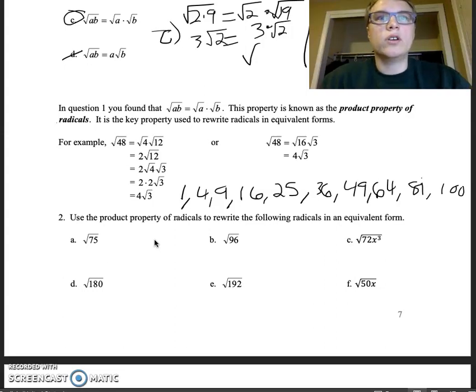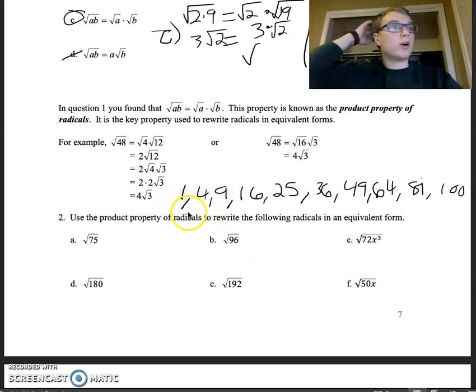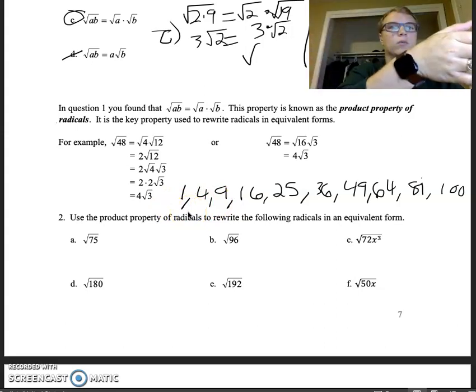Why is this useful? For example, we have the square root of 48. We can break it down and separate it into its factors to be able to simplify it. The factors that we're looking for are our perfect square factors. Perfect squares are anything that is something times the same thing. I have them all listed out from 1 to 10.